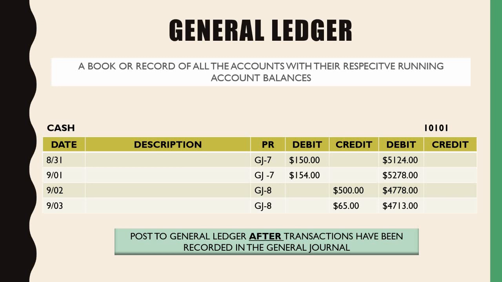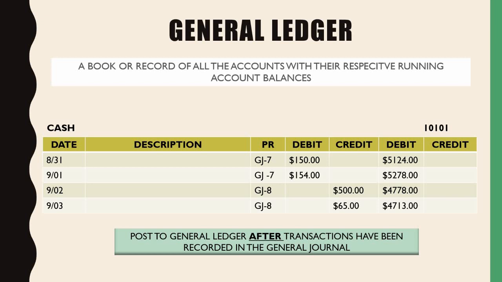Okay? So for instance, right, if I started out my bank account with X amount of money, right? Here, like I mentioned, right, we had sales of $154, right? So that means that increased my cash flow by $5,278. But then I had to pay for rent, which took out $500.